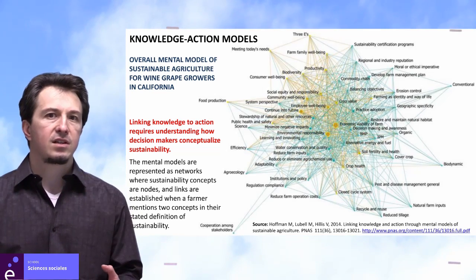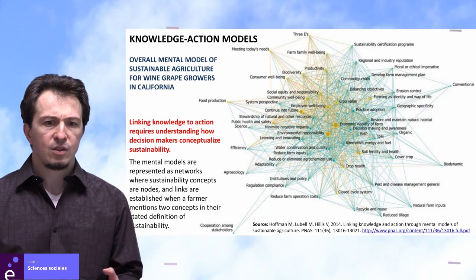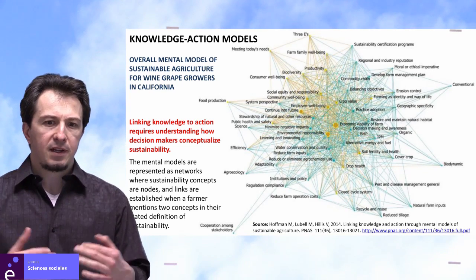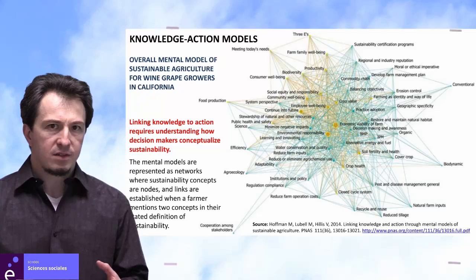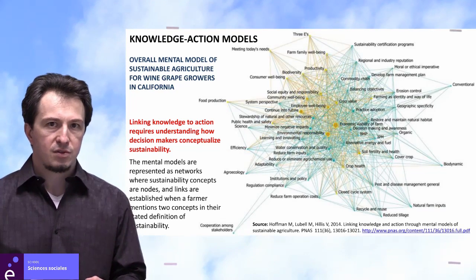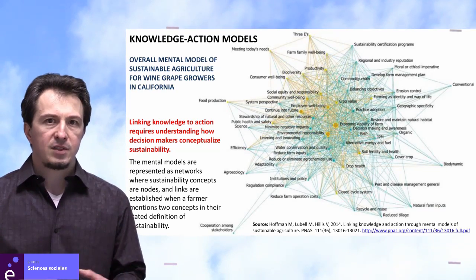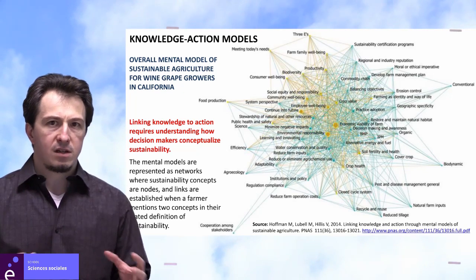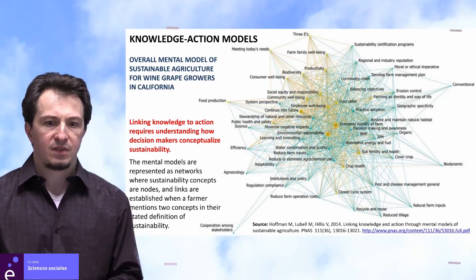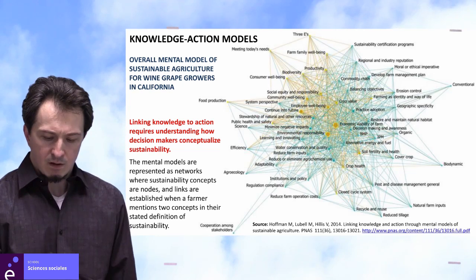Then when you make the statistical treatment of that, you have a picture of what that farmer understands in concrete terms from sustainability and related to climate and all that, and what the community in general understands out of that. So that's one example.